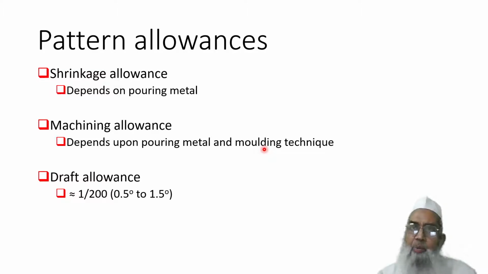Therefore we need to give a draft, so that when we take the pattern out of the mold, it may not erode the contact surface. The draft allowance varies from 0.5 degree to 1.5 degree.